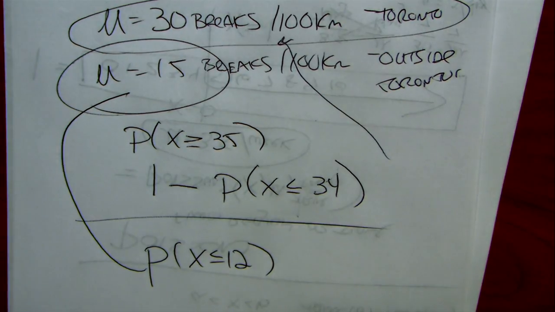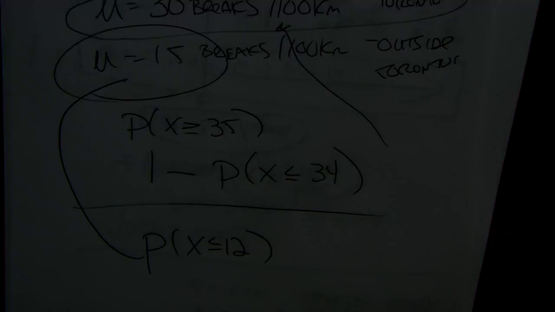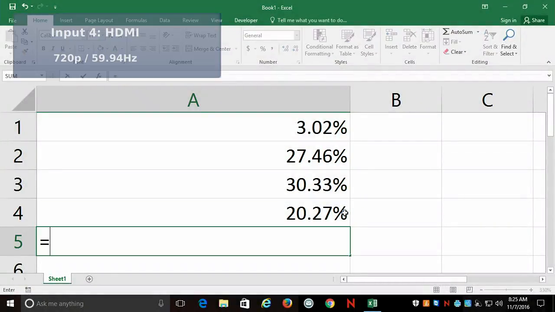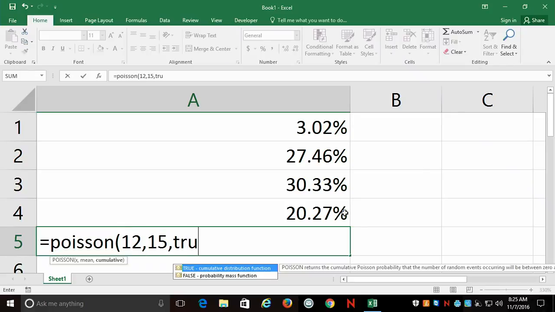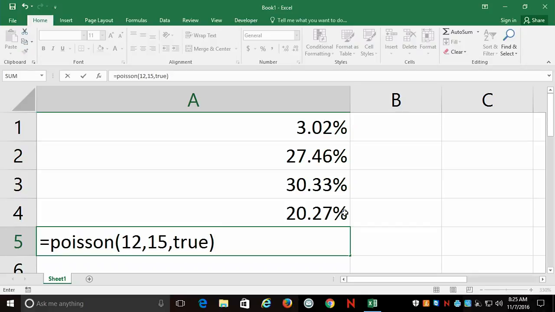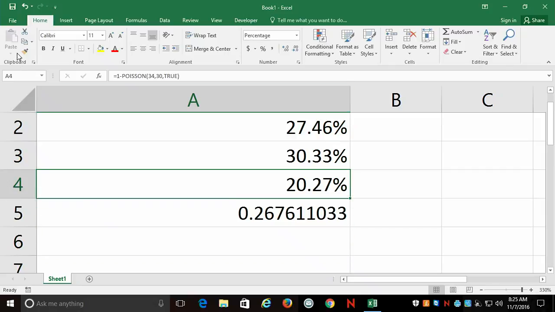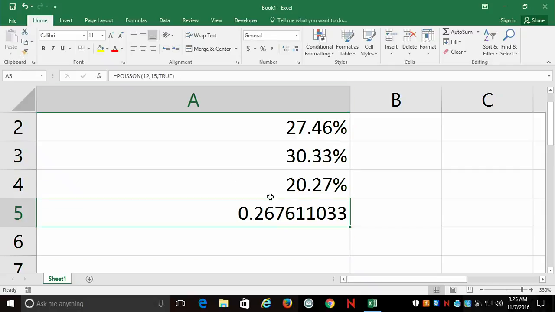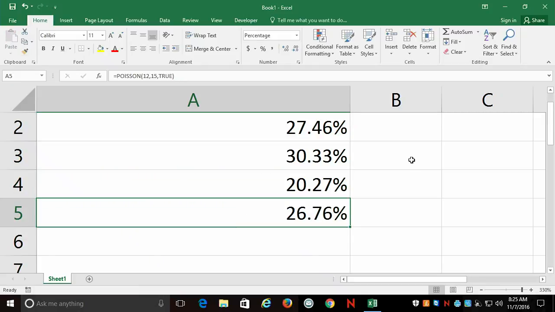Well, all that is cumulative probability, so that becomes pretty simple. I'm going to say equal Poisson 12 when the average is 15, and I want 12 or down, so I'm going to use the flag true, and it tells me roughly 26.76%.